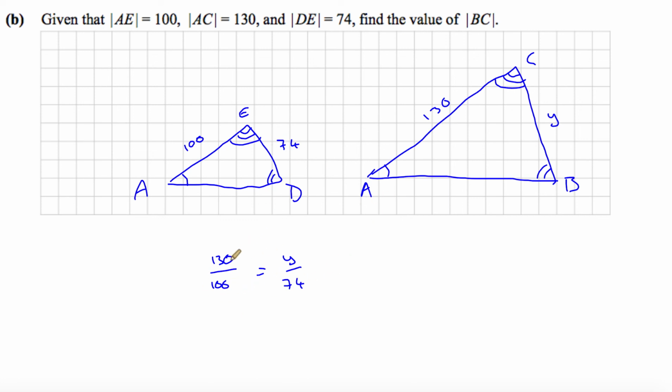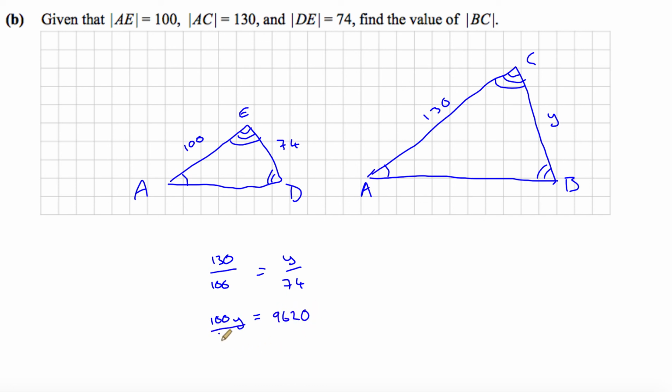So this creates an equation. When I have a fraction equal to a fraction, I'm allowed to cross multiply. So that will give me 100 times y, and that's going to be equal to 130 times 74. So 130 times 74 is 9620.